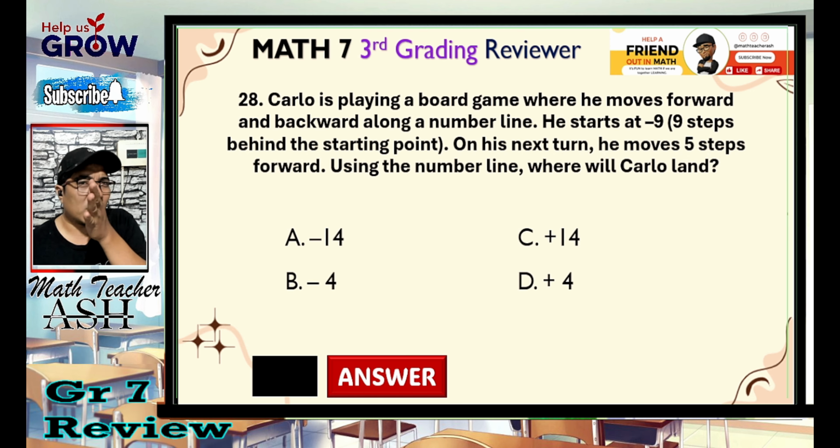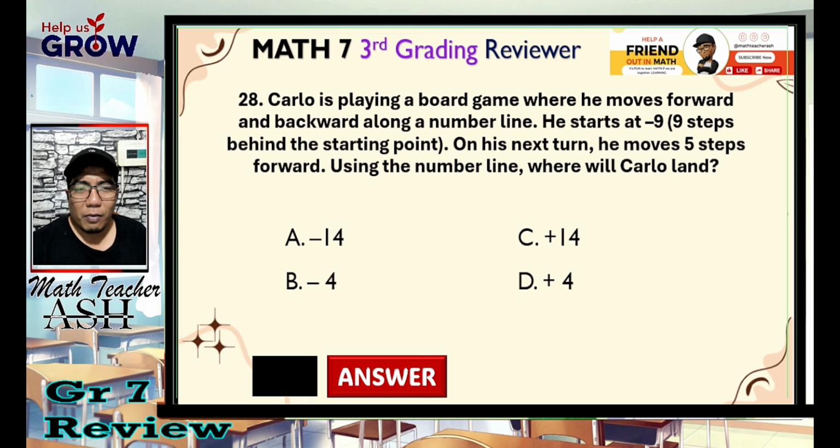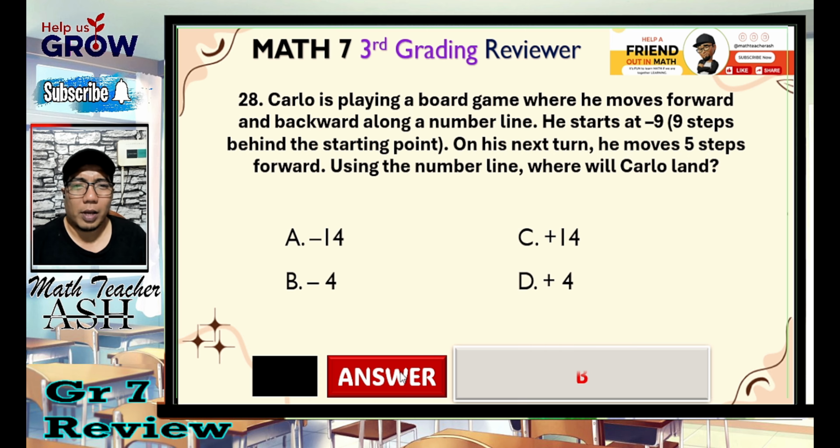If you start from negative 9 and move 5 steps forward, you will be getting near 0, but you don't arrive at 0 because you are 9 steps away from 0 and you just move 5 steps forward. So therefore, you will be landing at, very good, negative 4. So that is letter B. Let's check whether we are correct.